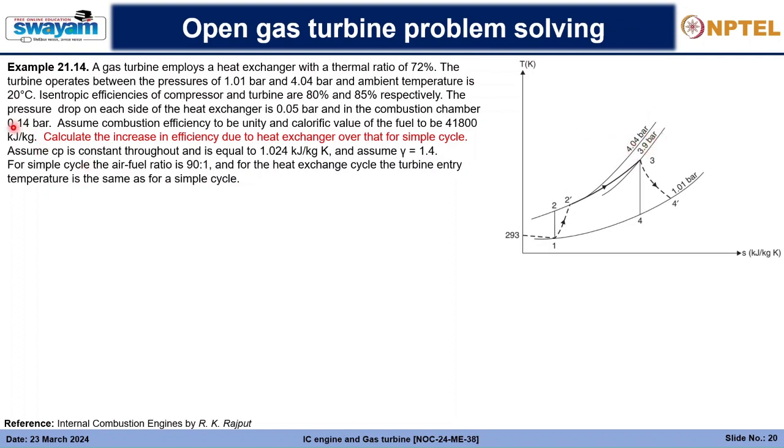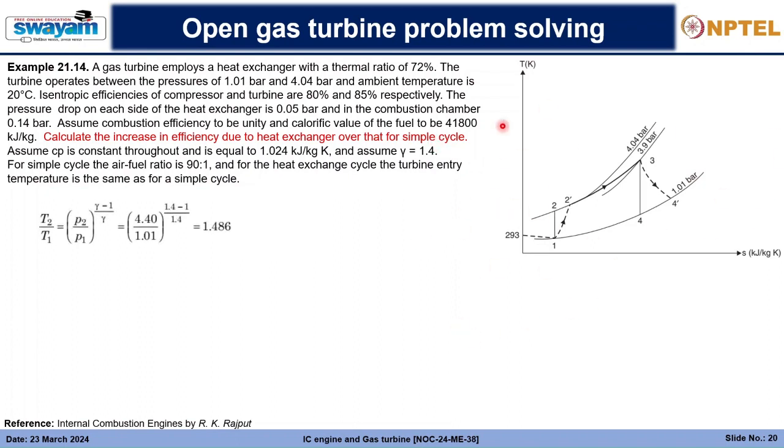Why 3.9? Because there is a pressure loss of 0.14 bar in the combustion chamber that you can see here. From that it goes to the turbine, and it releases its exhaust to the ambient, that is 1.01 bar. So that is the simple cycle, and for a simple cycle we know how to calculate.